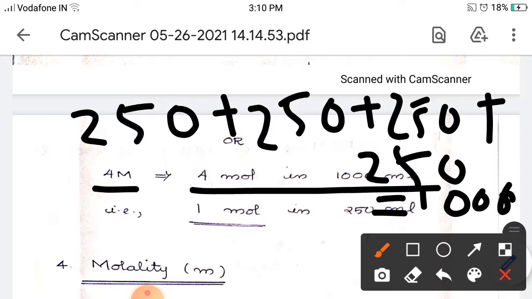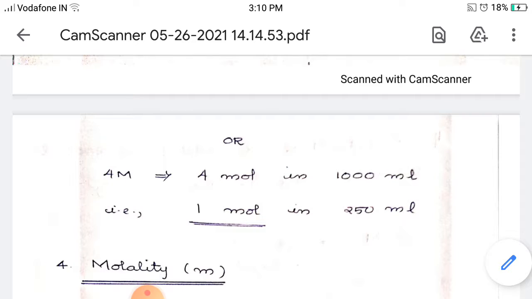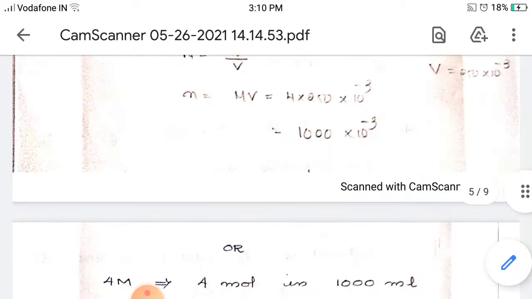So we are dividing that mole, 1 mole here, 1 mole here, 1 mole here. This 1 mole is in 250 ml. In 250 ml, 1 mole is present.